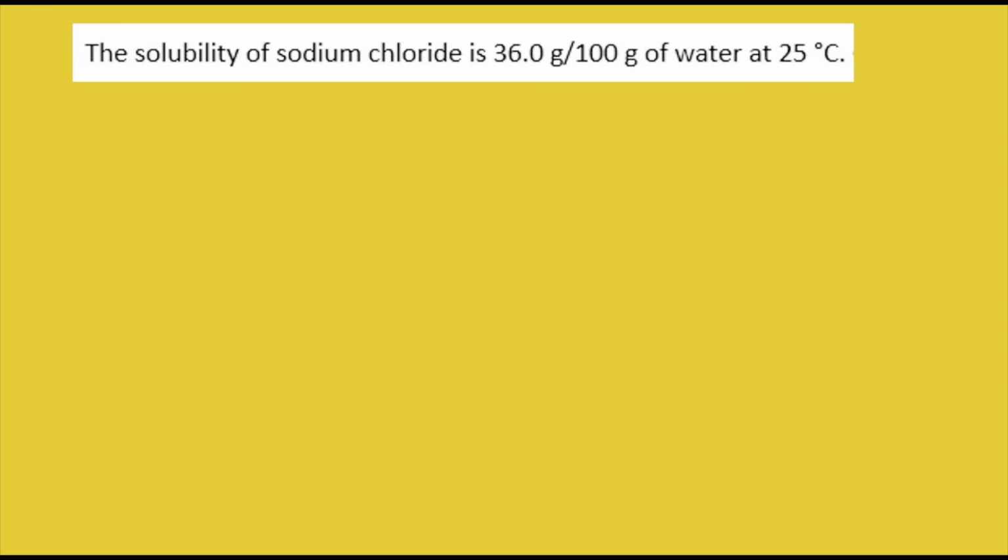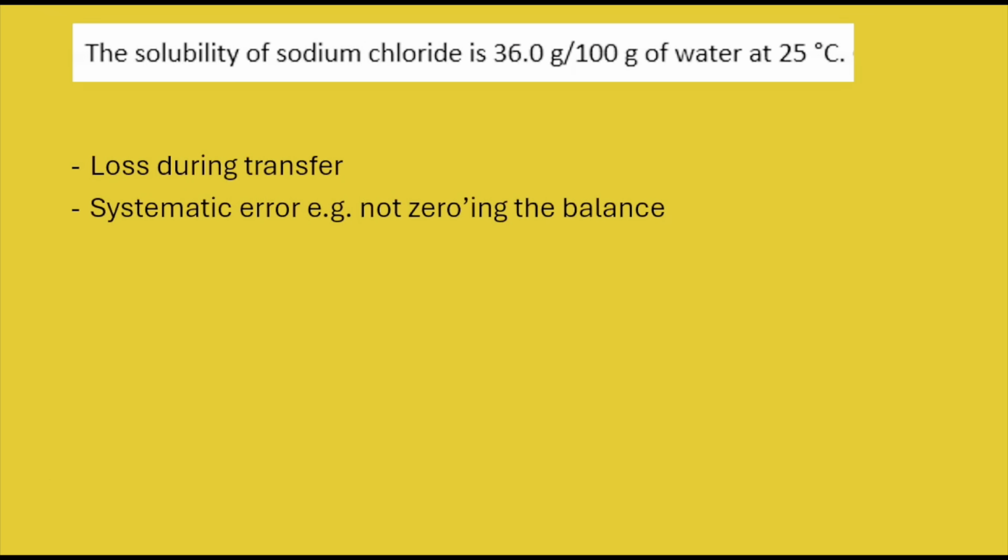Now, you could get asked some questions about solubility. The real solubility of sodium chloride is 36 grams per 100 grams of water at 25 degrees. So you could get asked questions like, why did your value not match that? Or comment on the accuracy of your solubility that you've calculated.